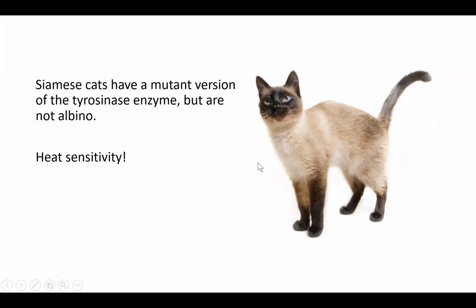And here's the mutation. Their tyrosinase enzyme only works in colder areas of their body. So their toes, their tails, their ears, those are extremities. The nose and face get less blood, less heat than the rest of the body.